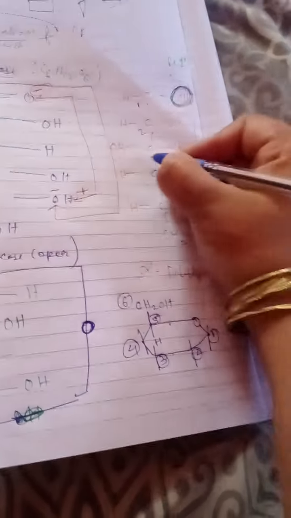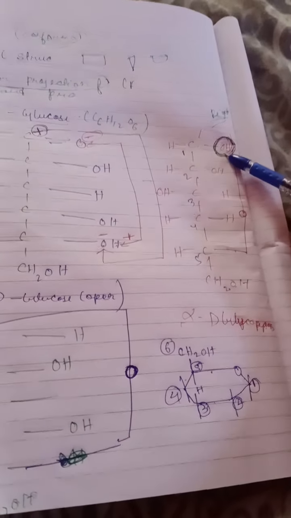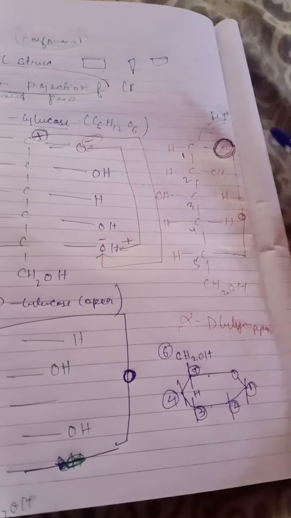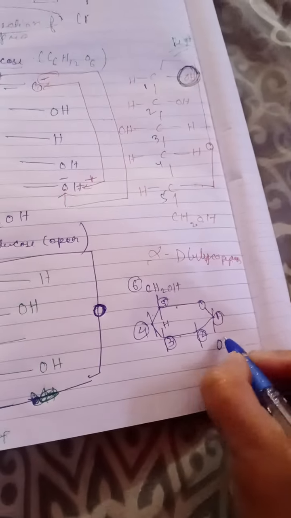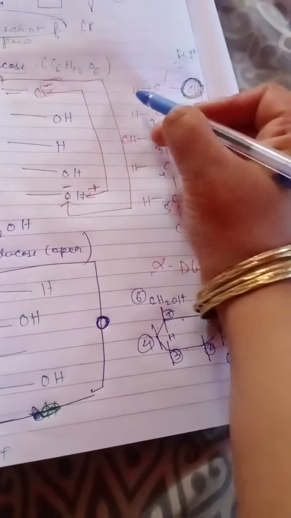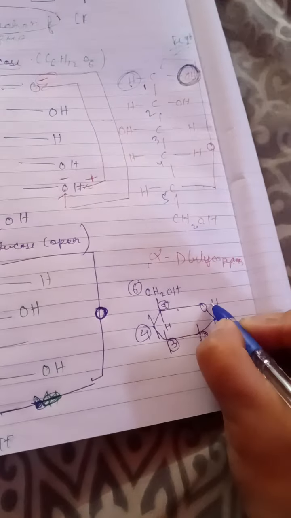Okay, 1, 2, 3, 4, 5. In alpha, OH is on which side? Right side, isn't it? OH is on the right side, so you just put it down. Left is what? Hydrogen. You just put it up. Left, up.